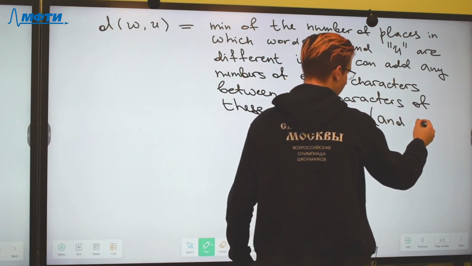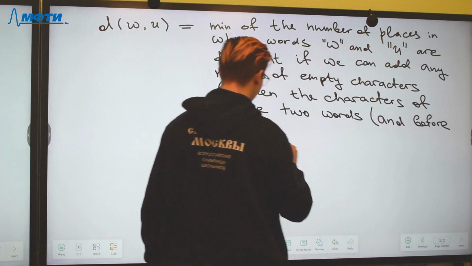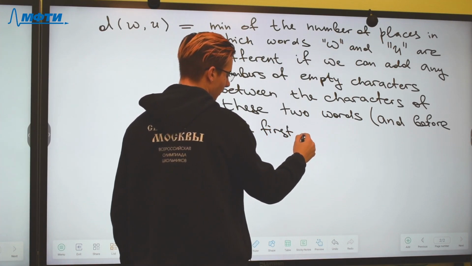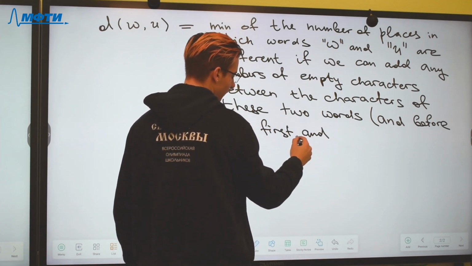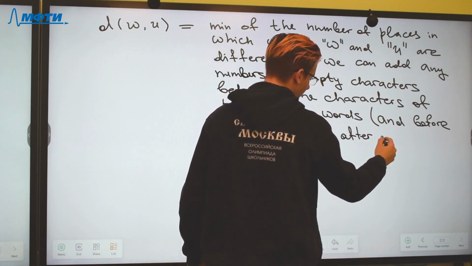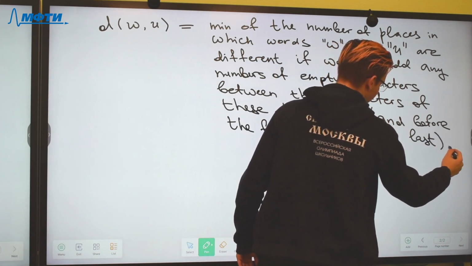And before the first and after the last two.